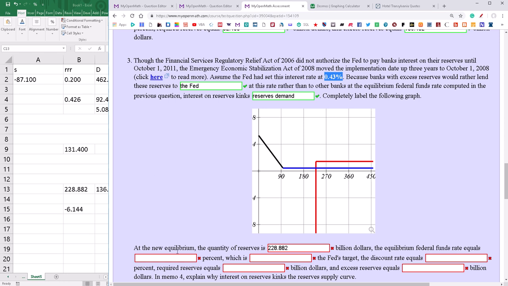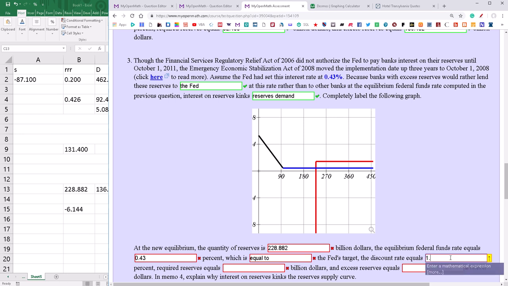The interest on reserves level, 0.43. So if you think about this, the market interest rate in this market is 0.43. The equilibrium is 0.43. The interest on reserves is 0.43, and the target is 0.43. Okay, so now this is equal to the Fed's target.